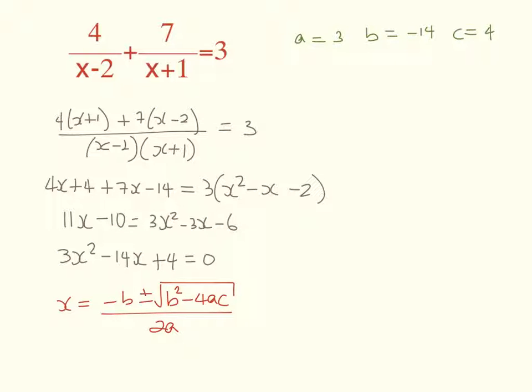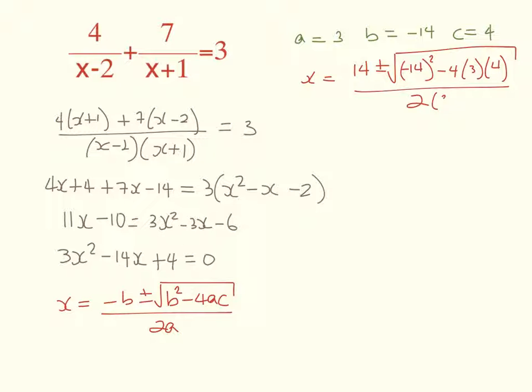Now in our quadratic formula, x is, it starts with minus b, but the 14 is already minus, so we change that to just plus 14, plus or minus the square root of 14 squared minus 4 times 3 times 4, all over 2 times 3.